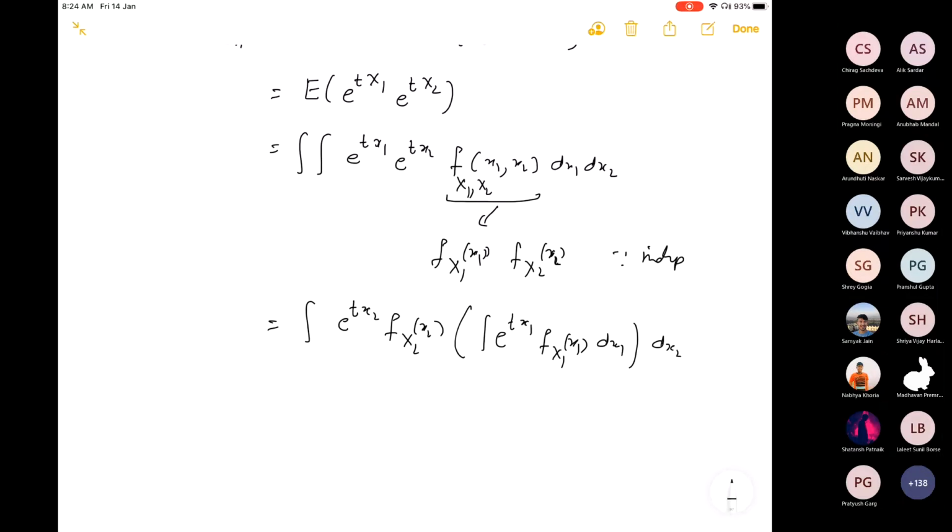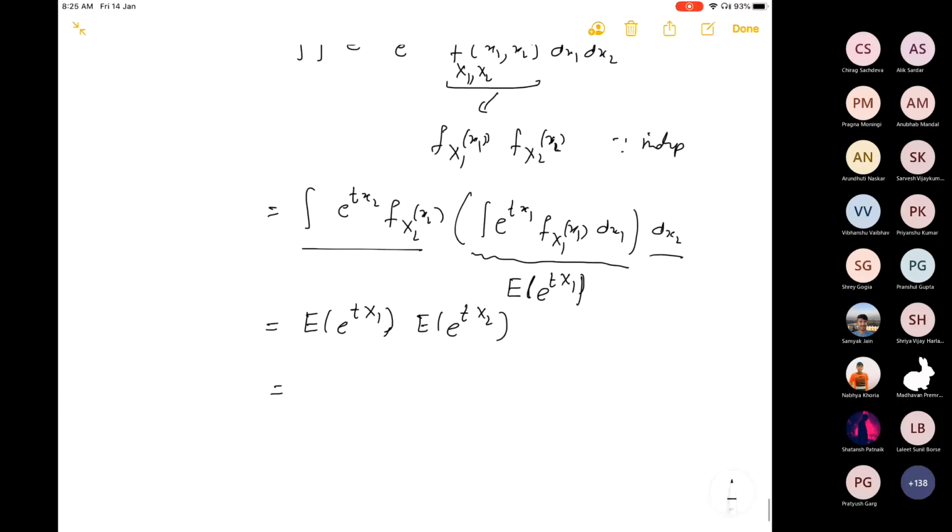Just separating the terms. This is nothing but the definition of the expected value of e raised to power t x1. Once this comes outside, the inside quantity will be the expected value of e raised to power t x2.